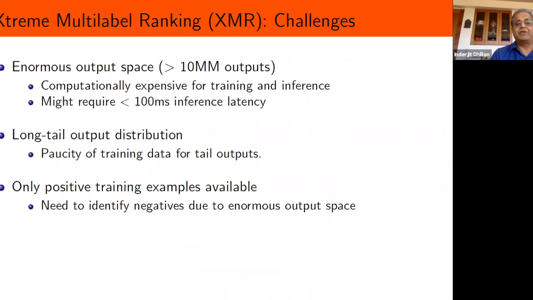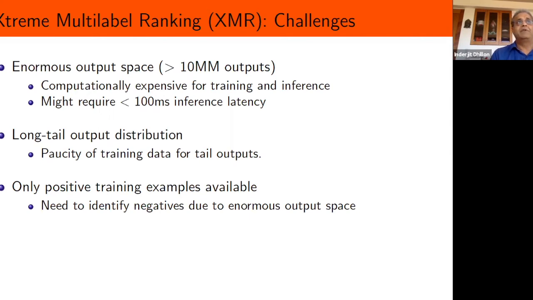So the challenges are that you have, possibly, let's say, greater than 10 million outputs. And many of the modern applications, suppose you are trying to do real-time inference, might actually require you to have inference latency, which is not in the seconds, but in the milliseconds, for example, 100 milliseconds.